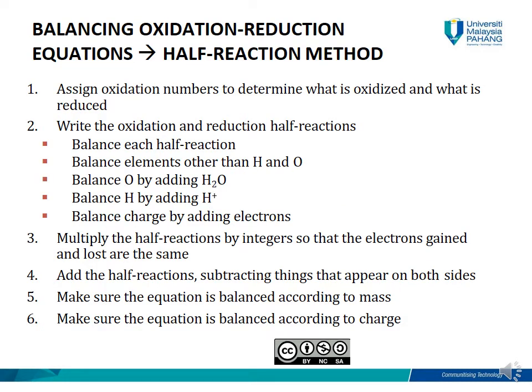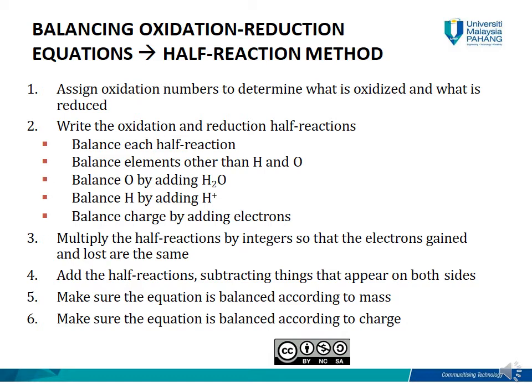So now you have the overall reaction, and from the overall reaction you also have the half reactions. When we focus on the half reaction, we are required to balance the oxidation reduction equations. First of all, when we want to balance the equation, we call it the half reaction method.